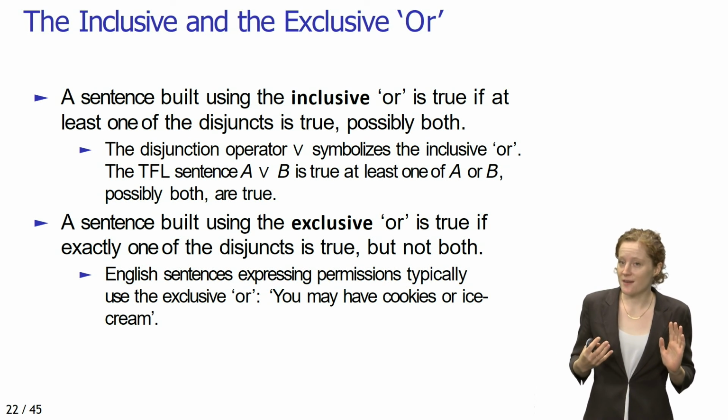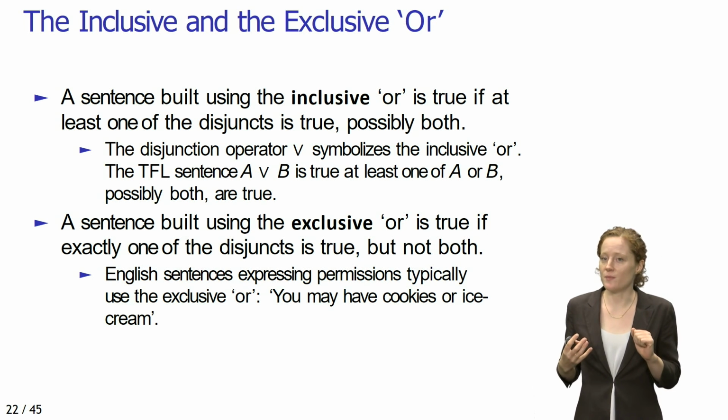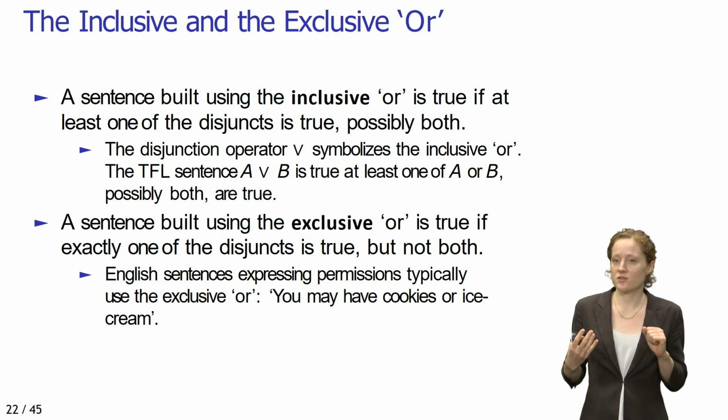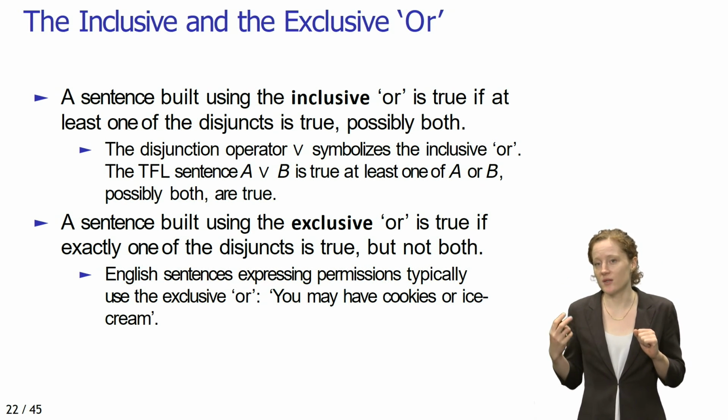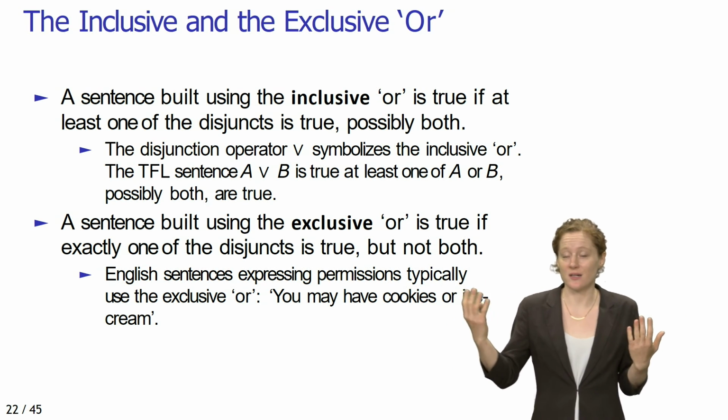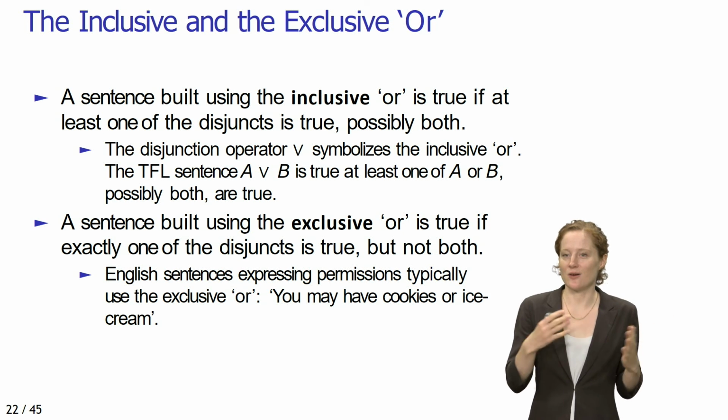So in TFL, the disjunction A or B symbolizes the inclusive or, and it is true if at least one of A or B, or possibly both, are true. So even in a case when both A and B are true, the disjunction A or B is true.